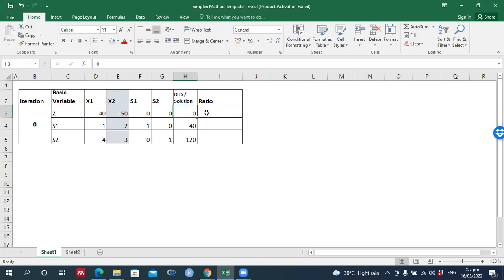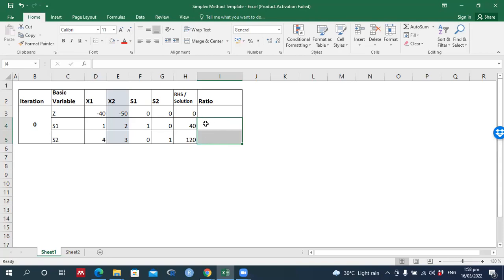Okay, so I was saying that the next thing is to identify our pivot row. You can't just look at it like this and guess. We need to find some ratios here, and then based on that ratio, we will select our pivot row.